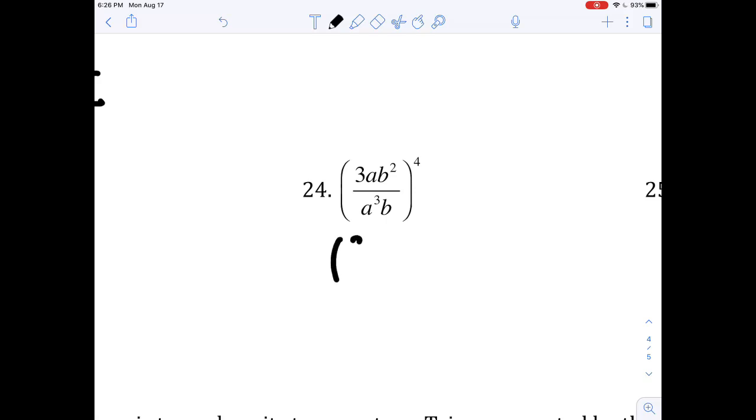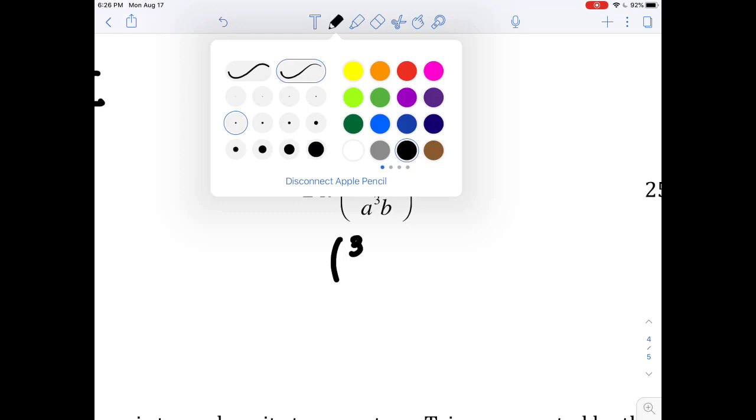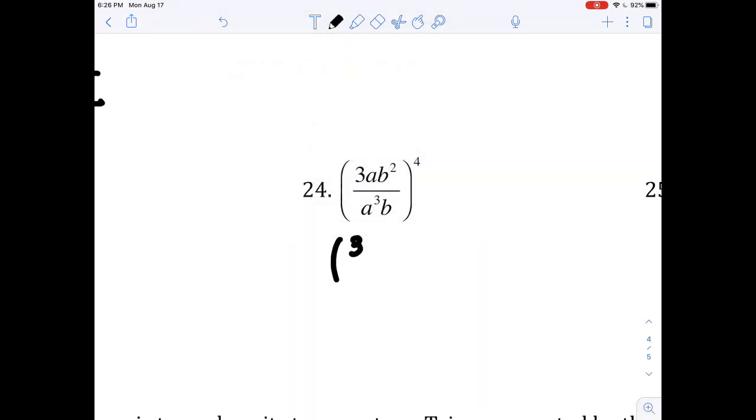So we have 3, no other numbers there, so we're going to stick with the 3. We have an exponent of 1 up there, and 1 subtract 3 is a negative 2, so it's going to be 3a to the negative 2, and then it's b to the 2 over b, so 2 minus 1 is b, and then that's raised to the 4th power.